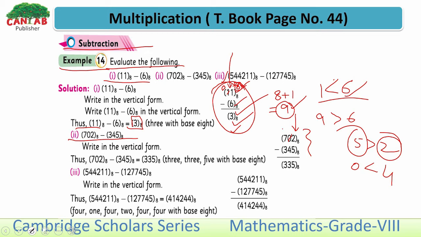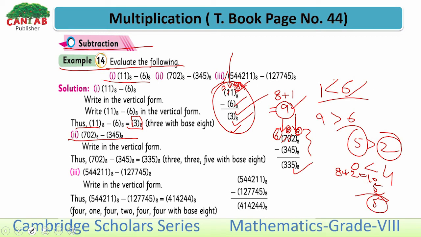We will borrow from the third column. When we borrowed from third column, so 7 becomes 6, that is 1 less than 7. So when we borrowed, so here on 0 we have 8. From 8 we borrowed another base number on 2, so 8 plus 2 is equal to 10. Now subtract 5 from 10, we have 5.